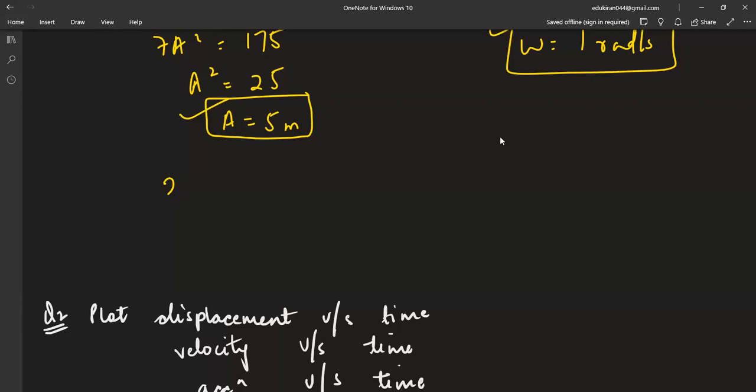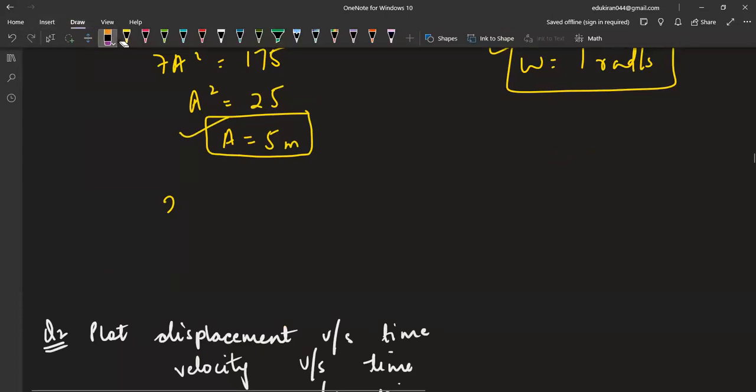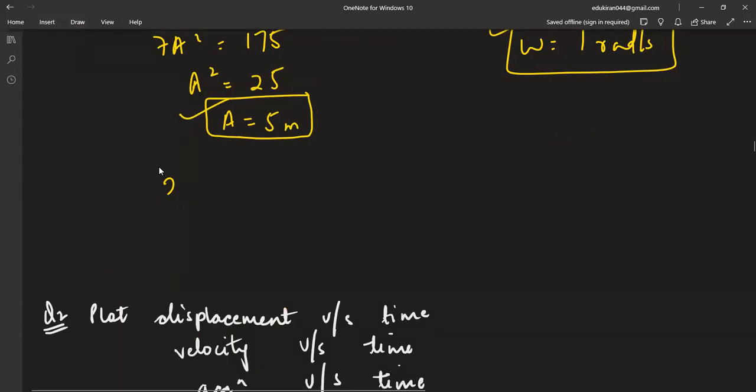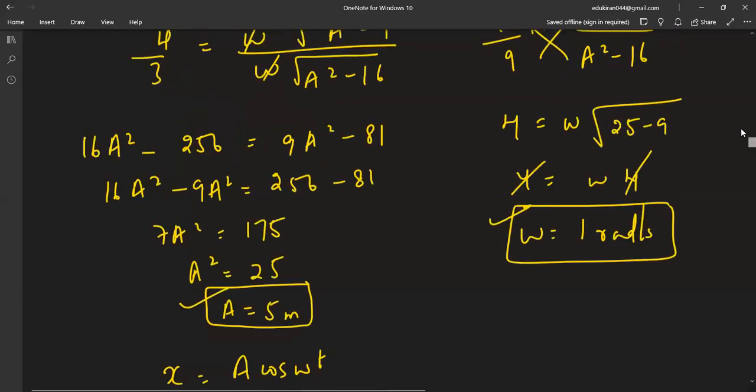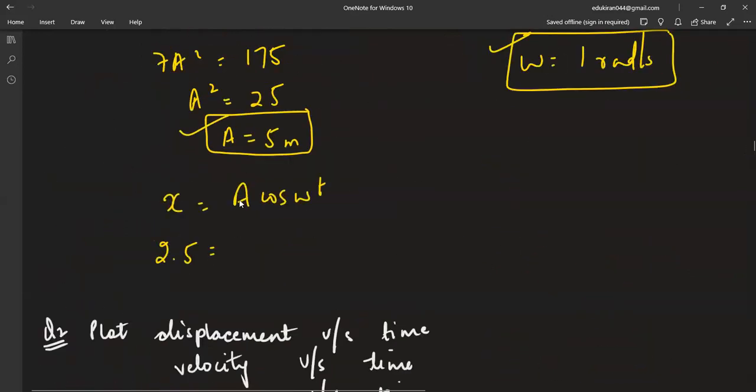So we'll start with x is equal to a cos omega t. X, this is given in the question, 2.5 meters. So 2.5, amplitude is 5, cos omega is 1, t we do not know.